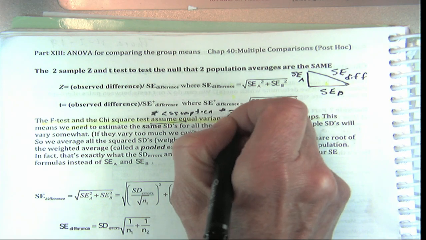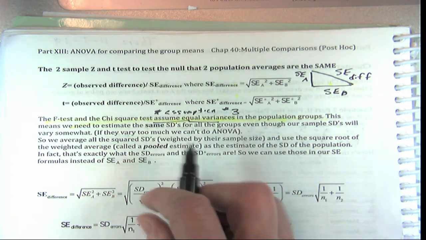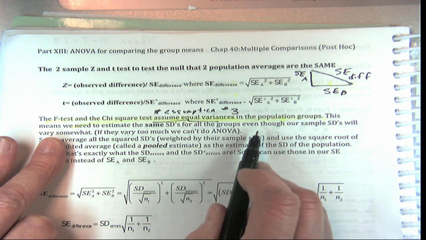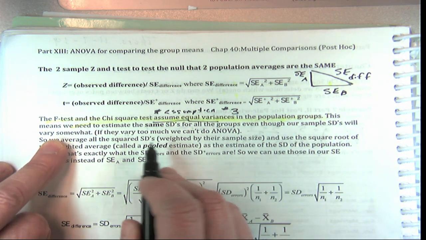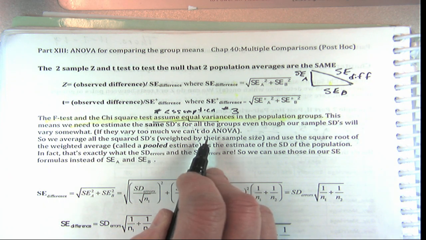Okay, it's what we've always had. Now, this means we have to assume the same standard deviation for all the groups, even though our sample standard deviations will vary somewhat. If they vary too much, then we can't do ANOVA. We have to do something else, and you can see we're going to do a re-randomization test.